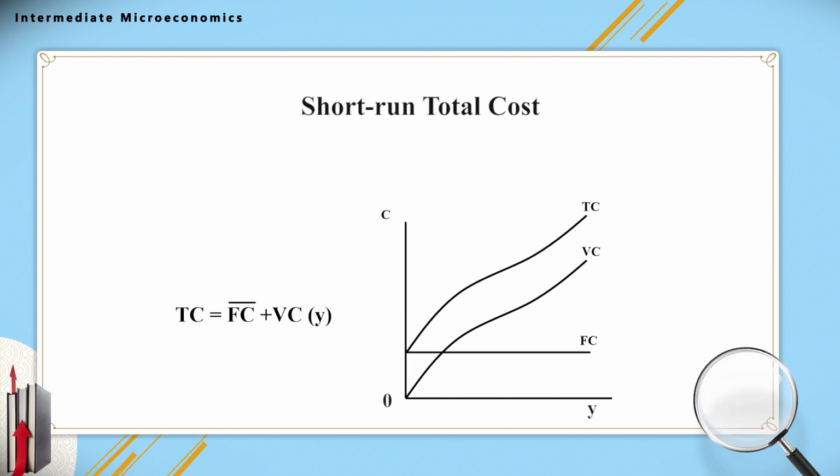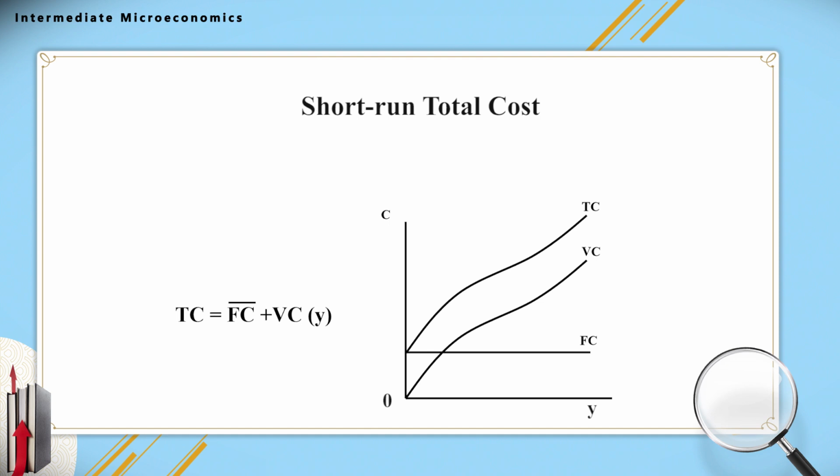Because the fixed cost is a constant, the vertical distance between the total cost and the variable cost is this constant. In the short run, increasing production means that producers need to use more variable factors, so variable costs and total cost increase as production increases.